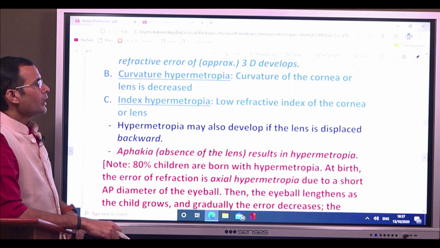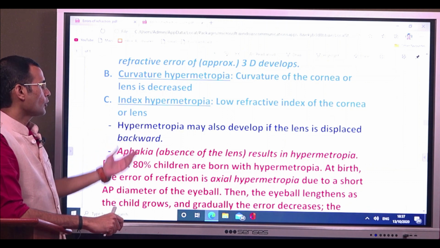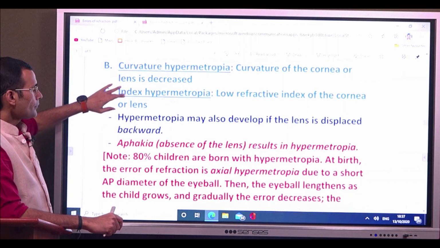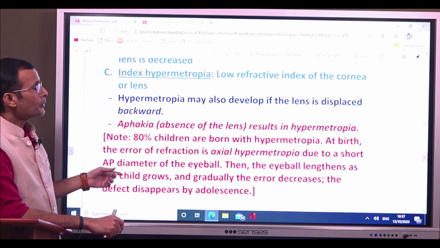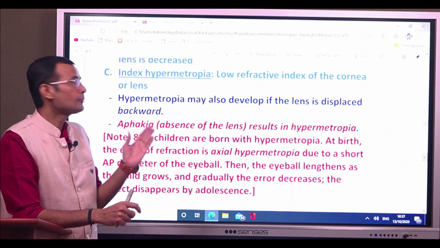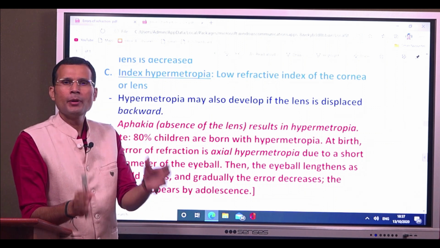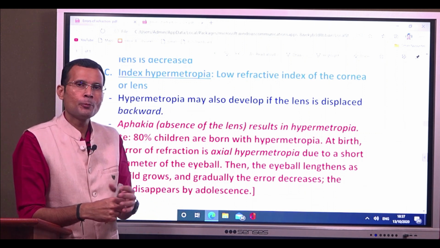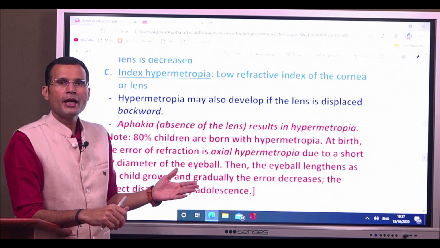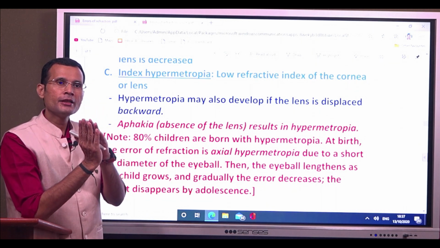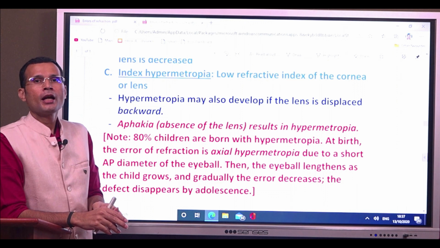Index hypermetropia, the low refractive index of the cornea or the lens. And as I mentioned, hypermetropia may also develop if the lens is displaced backward. Okay, so just remember it as a factual point. Myopia may happen if the lens in the eye is displaced forward.